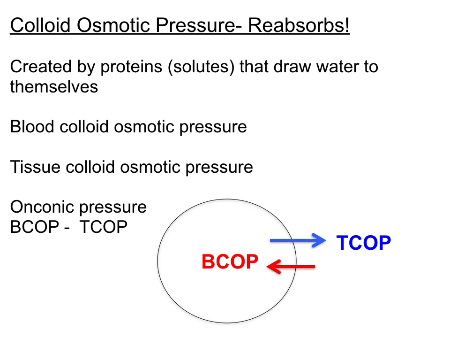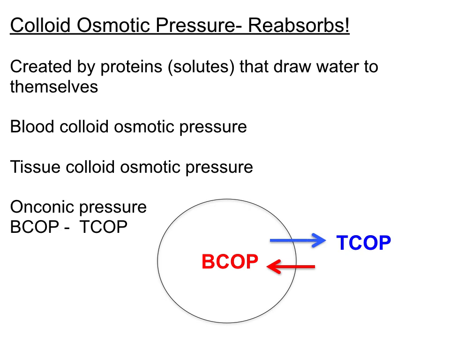Okay, now let's talk about colloid osmotic pressure because this is the pressure that promotes reabsorption. Colloid osmotic pressure is created by the proteins, the solutes, within your solution because these proteins draw water to themselves. So they want to bring water to them.